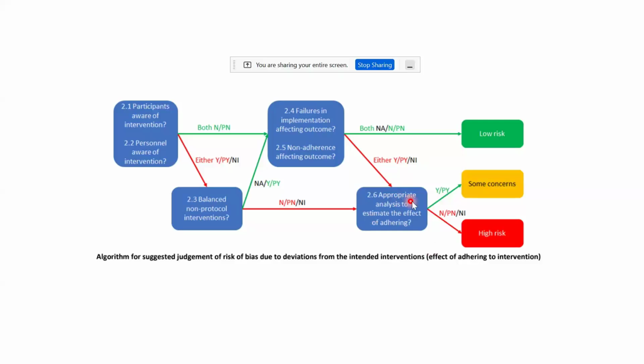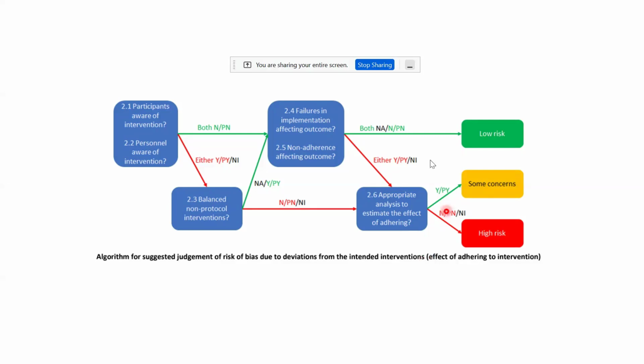Appropriate analysis to estimate the effect of adhering. So what is the appropriate analysis here? It turns out that even for the effect of adhering to interventions, per protocol analysis and as treated analysis are not considered acceptable.